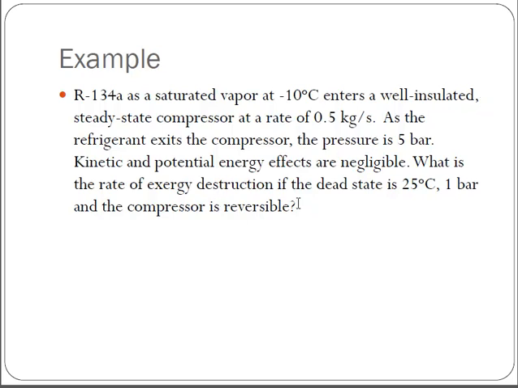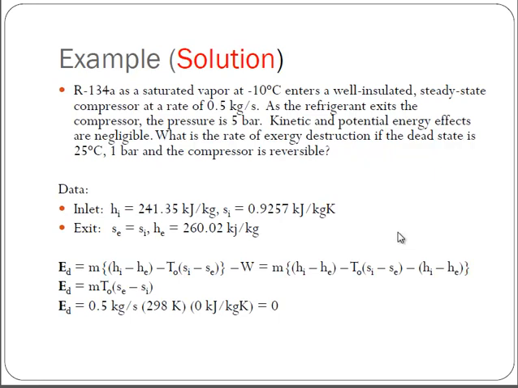So I'm assuming that the friction is negligible by saying it's reversible, and I have no heat transfer since it is well insulated. So I expect this should be essentially no exergy change. So let's see what happens if we do these calculations.